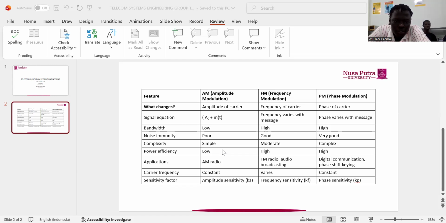The sensitivity factor is amplitude sensitivity under AM, frequency sensitivity under FM, then phase sensitivity under PM.